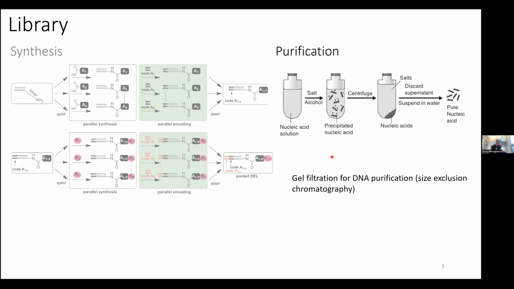And ideally, by the end of every cycle, we would like to do a gel filtration using size exclusion chromatography. And by doing that, we make sure that the big DNA conjugates are the only thing that goes through the column, and any small molecule like excess reagents or DNA tag precursor remain in the column, and they don't interact with the next step.